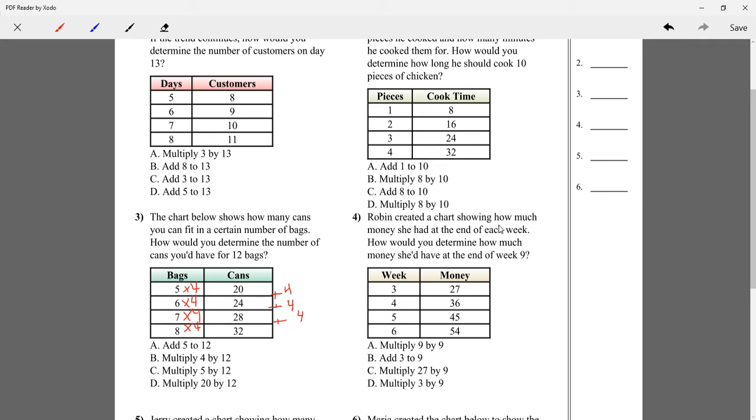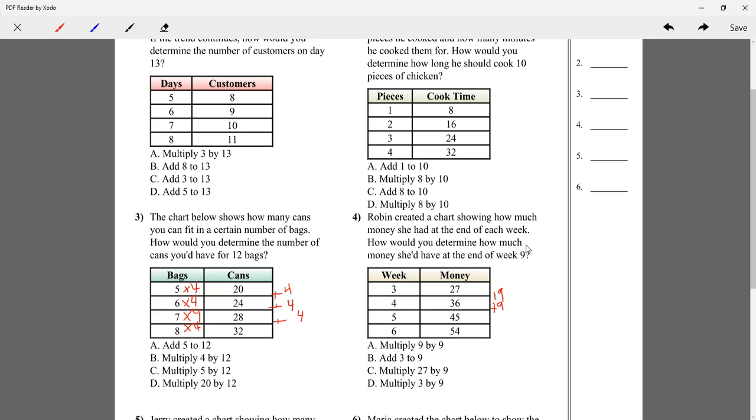Number 4, Robin created a chart showing how much money she had at the end of each week. How would you determine how much money she'd have at the end of week 9? So let's see what these are going up by. 27 plus what equals 36? That would be plus 9. I'm sorry, that looked more like a multiplication.